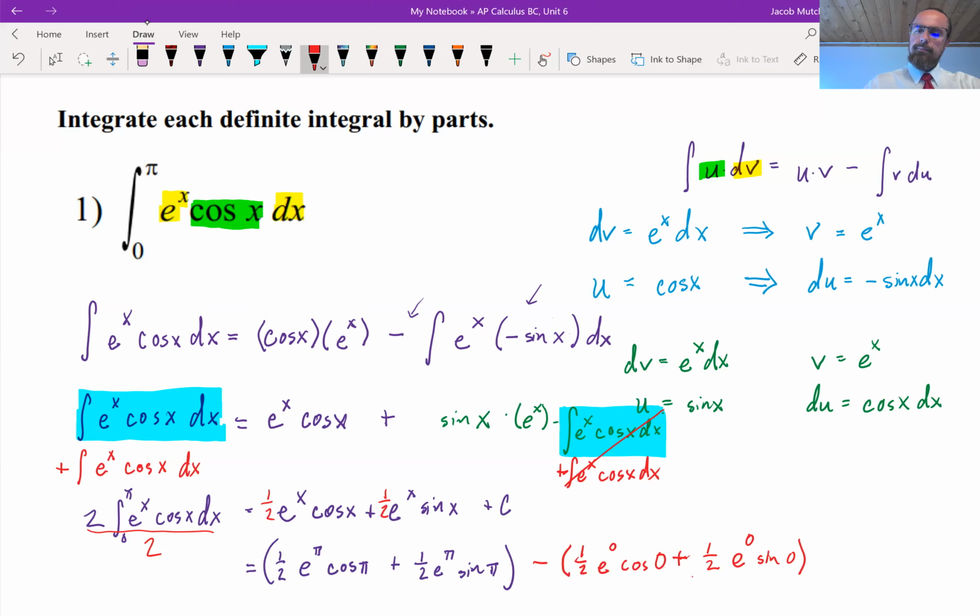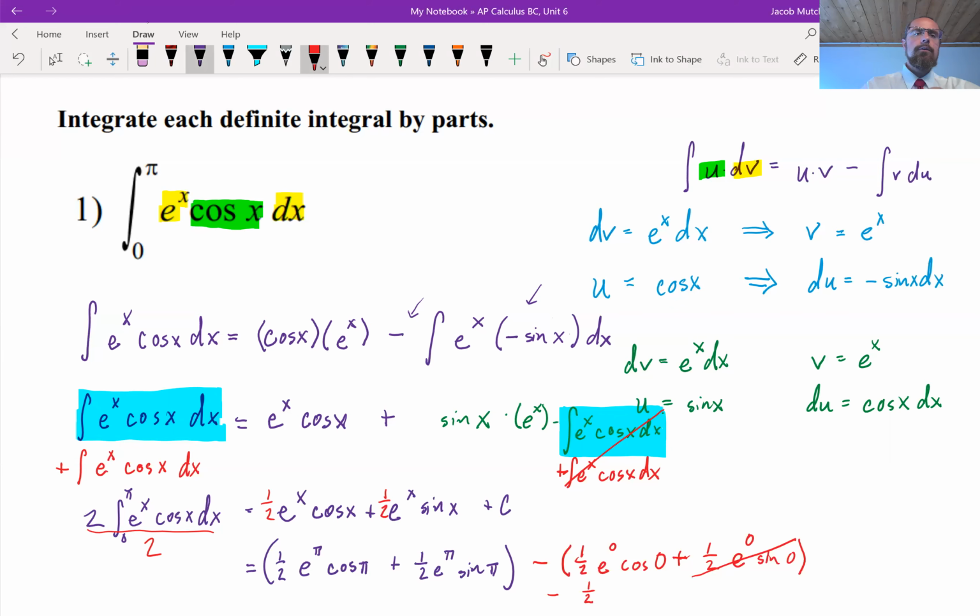So this whole term we just wrote will cancel. This term, half e to the 0 times cosine of 0. Cosine of 0 is 1. E to the power of 0 is 1 times half. So this is just minus half from that second substitution of the lower limit of integration.